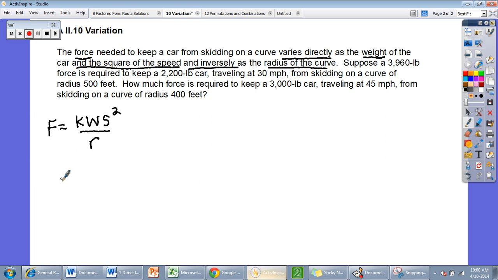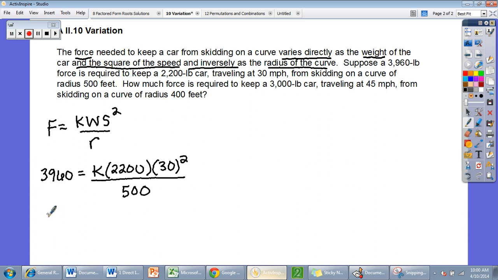So we have a 3,960 pound force, so that number goes here, is equal to, the weight of our car is 2,200, and it's traveling at 30 miles per hour, and we want to keep it from skidding on a curve that's 500 feet.